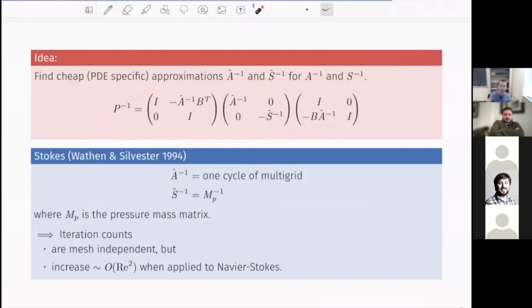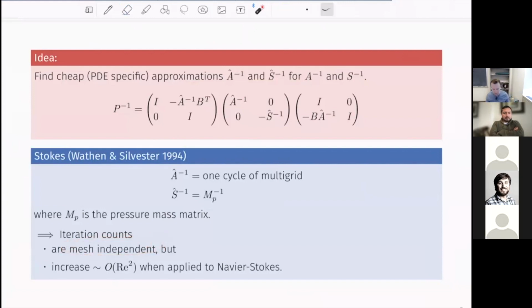And so for the Stokes equations, a major achievement by Andy Wathen and David Silvester was that they realized that if you just use a cycle of multigrid for A hat and a pressure mass matrix for the Schur complement, then you get a preconditioner with mesh-independent iteration counts.